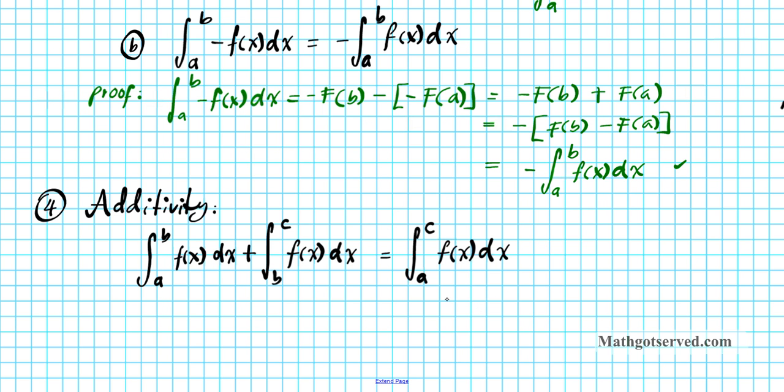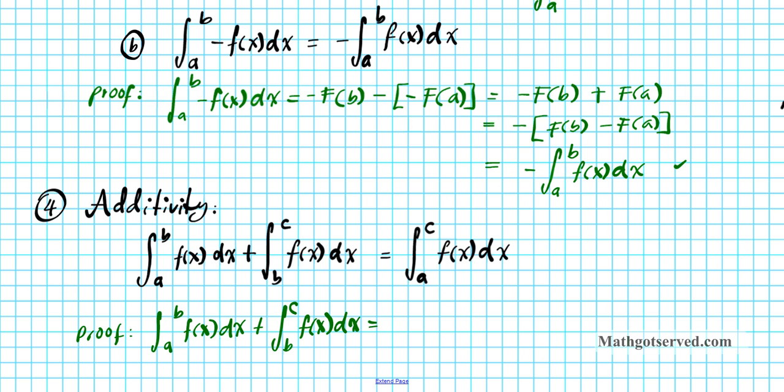All right, let's prove this. So, a short proof using FTC part 1. Let's write on the left side, definite integral from a to b of f of x dx plus the definite integral from b to c of f of x dx.